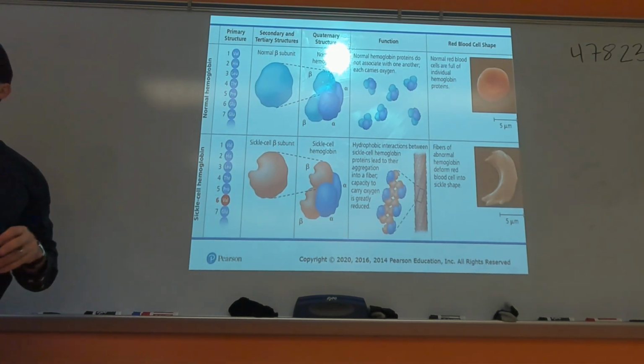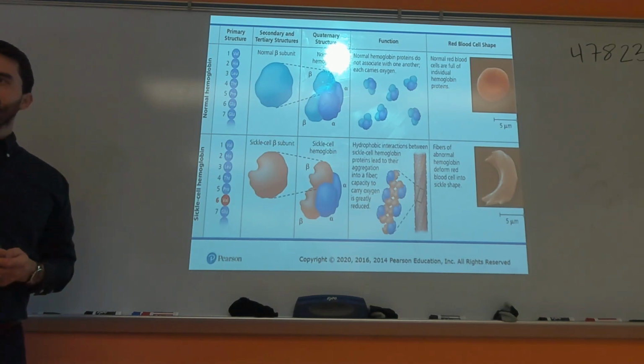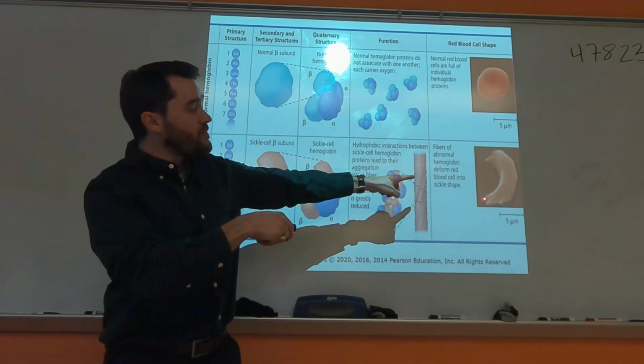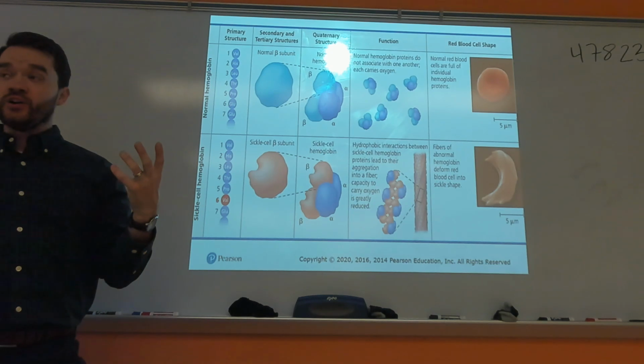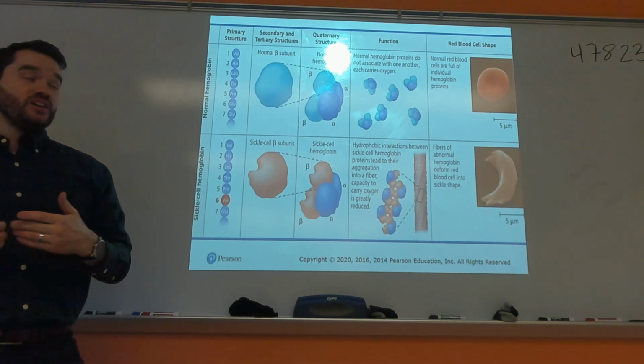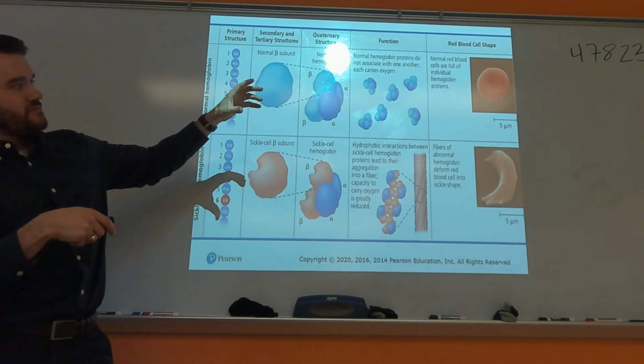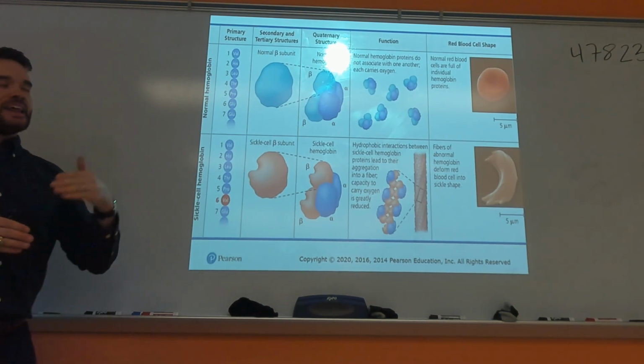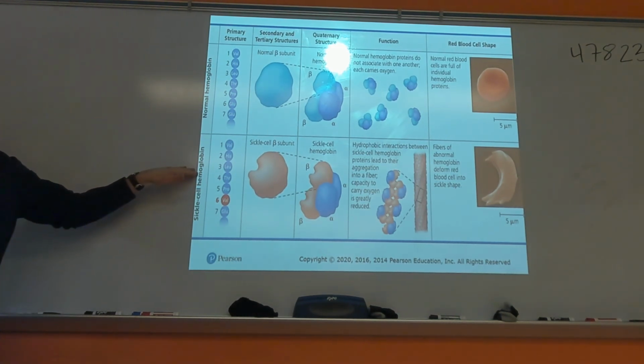Think of drains, and if you have long hair, that's my hint here. Blood clots. Yeah, blood clots. Having this sickle shape, not only does it not carry oxygen as well, it clots more easily. Whereas having that nice ovalish shape, it's not going to clot as easily, and it carries more oxygen. So this is not good. You don't want this.